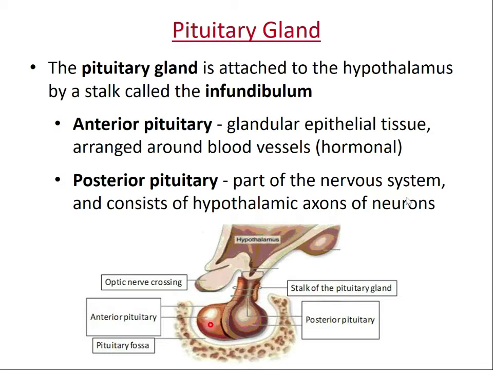Anterior pituitary gland is glandular epithelial tissue surrounded by blood vessels, and it produces its hormones. So the regulation of the anterior pituitary is controlled by other hormones. So please know that there are two parts to the pituitary gland, and which part is attached to the hypothalamus.